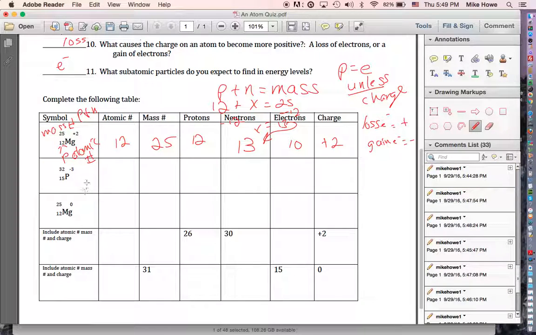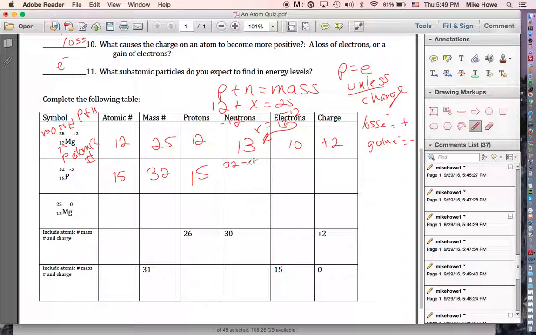Okay, then down here we've got the bottom number's atomic number. And don't remember top and bottom. Remember the smaller number's atomic number. The mass number is the number of protons and neutrons. That's 32. So the protons is 15 because the atomic number is 15. Remember how we got neutrons? Protons plus neutrons equals mass. So 32 is the mass.